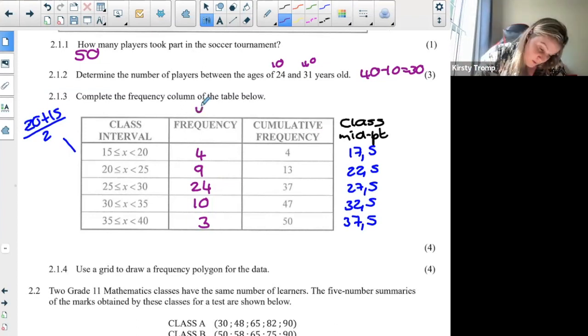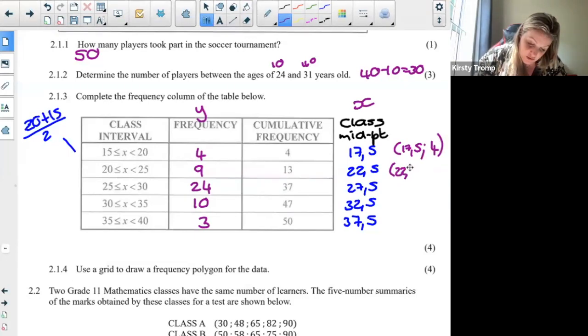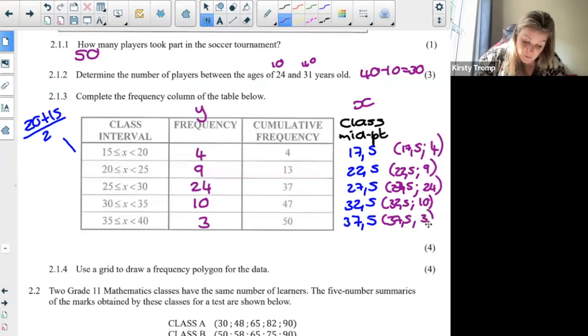So here are my Y figures, frequency, and my class midpoint is going to be my X. So in a bracket, I've got 17,5 and my Y will be 4, 22,5 and my Y will be 9, 27,5 and my Y will be 24, 32,5 and my Y will be 10, and finally 37,5 and my Y will be 3.